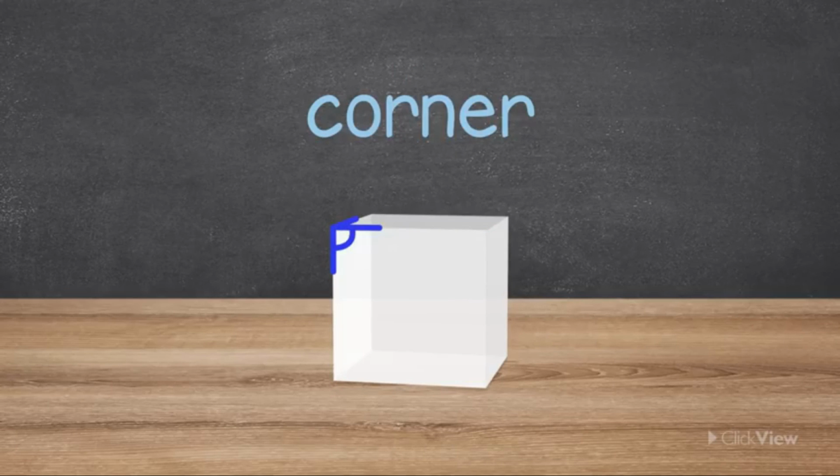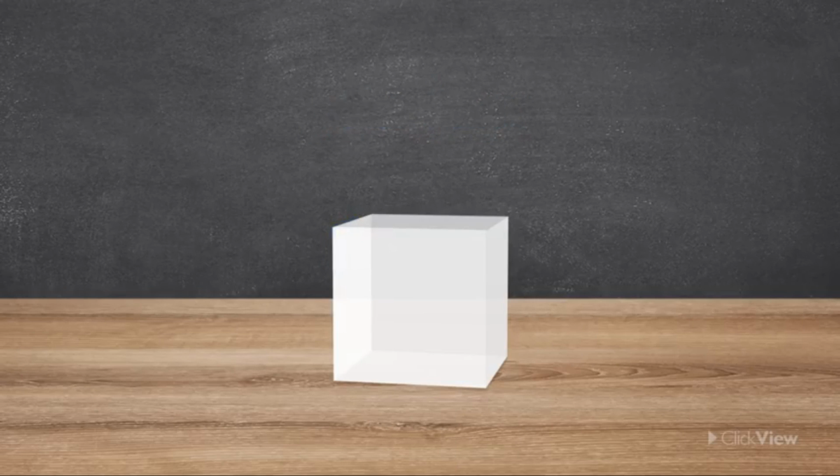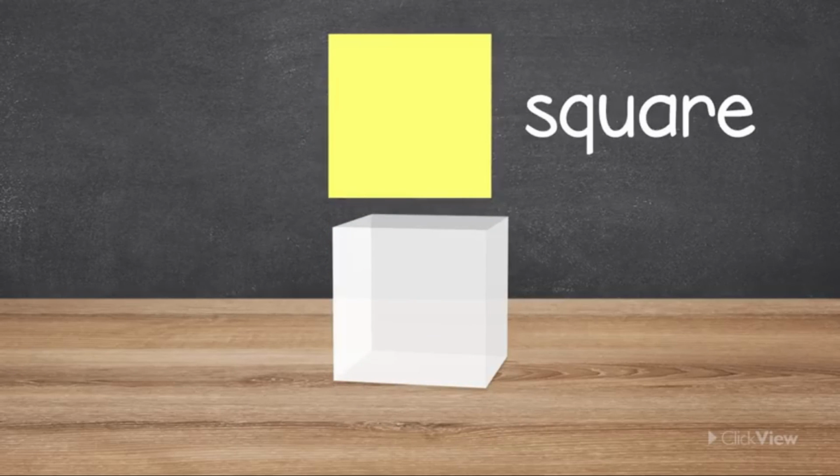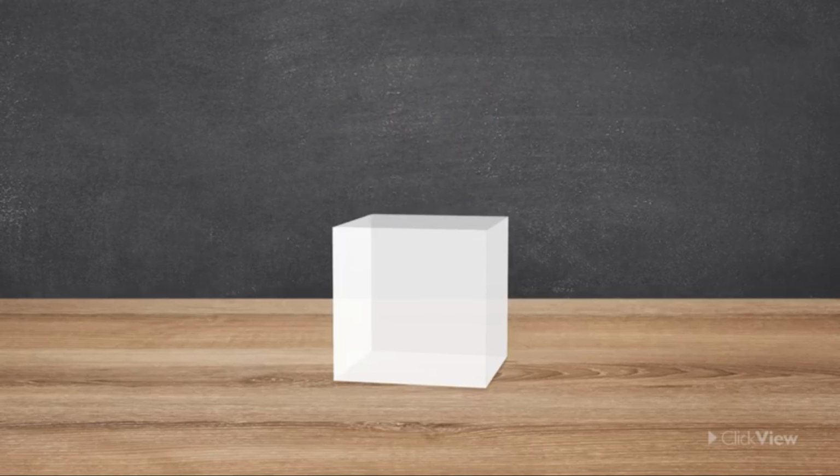A corner can also be called a vertex. The faces of 3D shapes often contain 2D shapes that you may already know. Maybe you can recognize some of these 2D shapes as we go through a few examples. Here are some 3-dimensional shapes and their features.